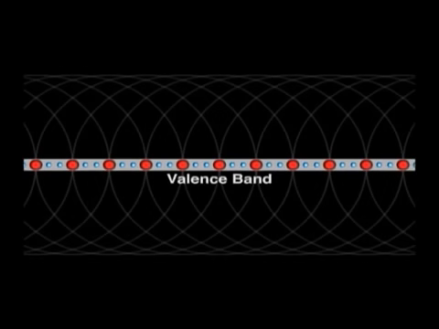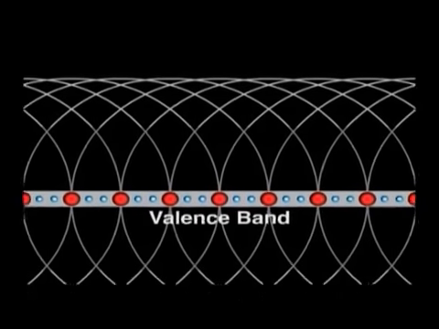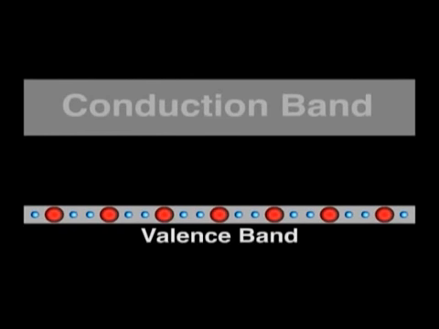Pairs of valence electrons form the covalent bonds between the atoms. Collectively, they form the valence band. Unoccupied atomic orbits with higher energy merge to form the conduction band. These 2 bands are separated in energy, much like the regions between the allowed orbits in the Bohr model of the atom.